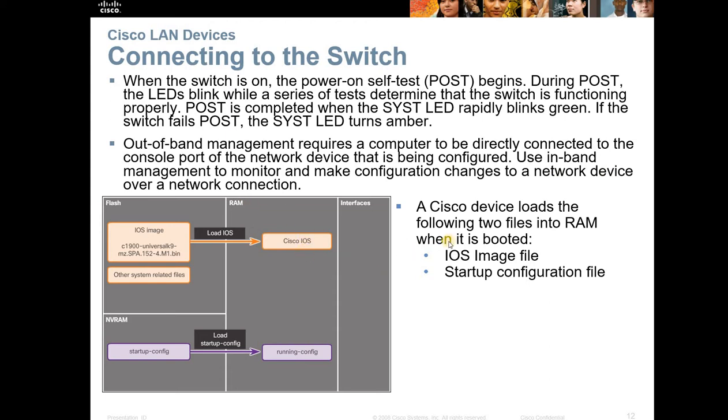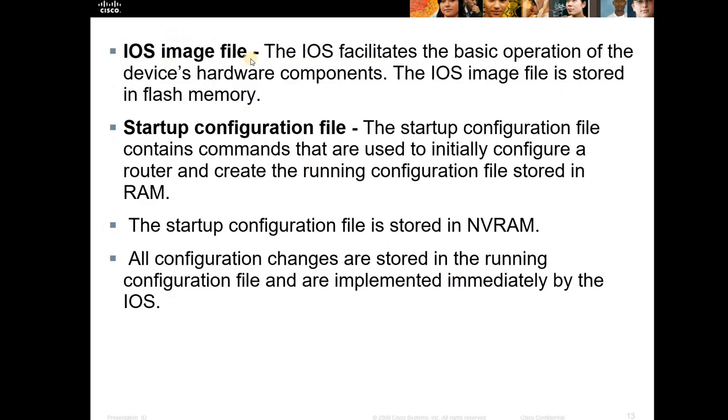A Cisco device loads the following two files into the RAM when it is booted: the IOS image file and the startup configuration file. The IOS image file facilitates basic operation of the device hardware components. This image file can be stored in the flash memory.